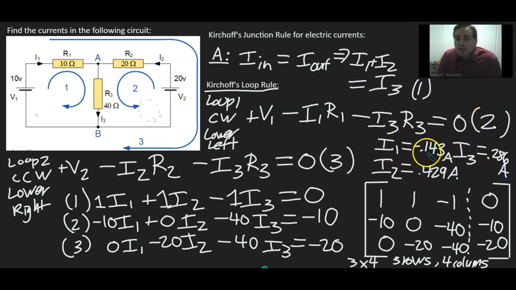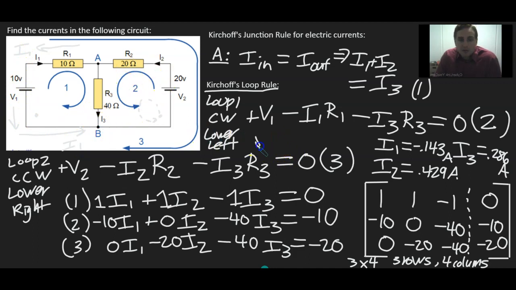And then lastly, because I1 is negative, I1 actually goes the opposite direction. So really, I1 is going this way. So this is the true direction of I1. What that really means is, in reality, I1 comes in here and combines with I3 to form I2.